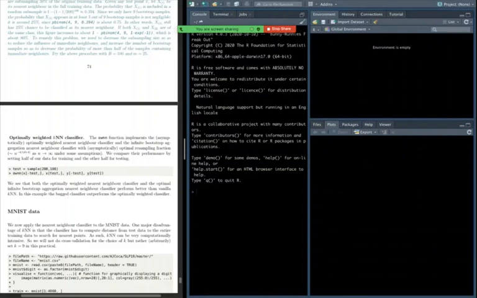Okay, thanks. You can see in Samworth 2012 the exact weights that you get for it.